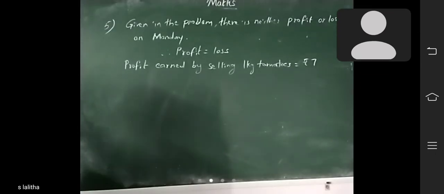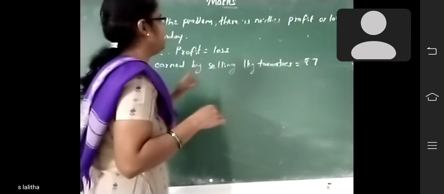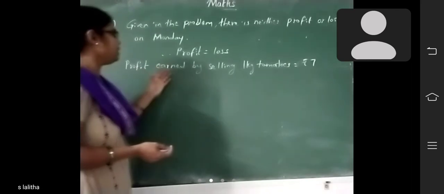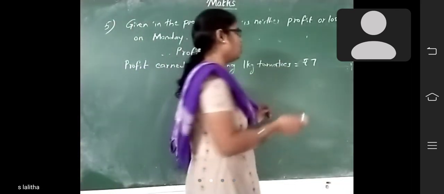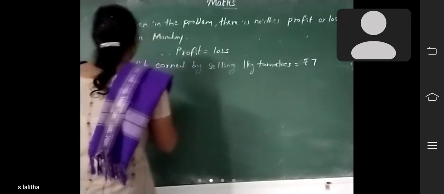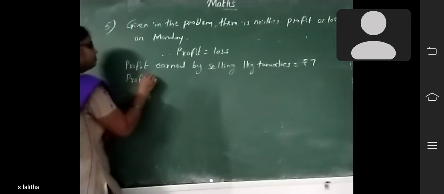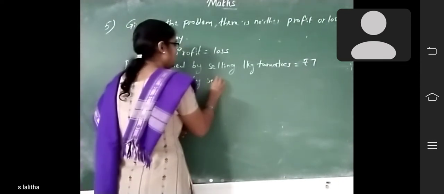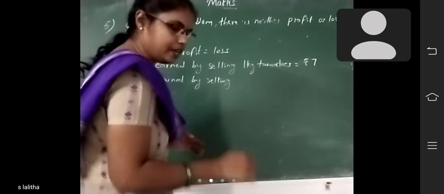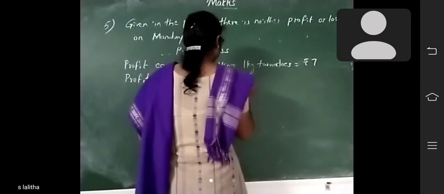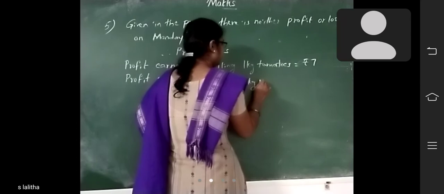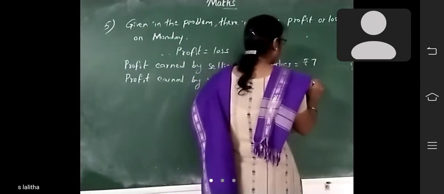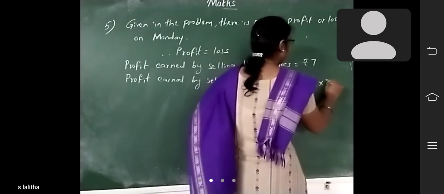In the problem, there is neither profit nor loss on Monday. So the profit is equal to loss. Profit earned by selling 1 kg tomatoes, how much? 7 rupees. So profit earned by selling 68 kgs of tomatoes equals 68 into rupees 7.